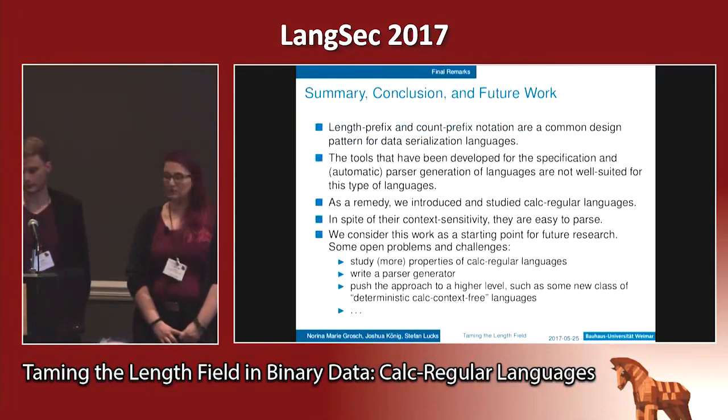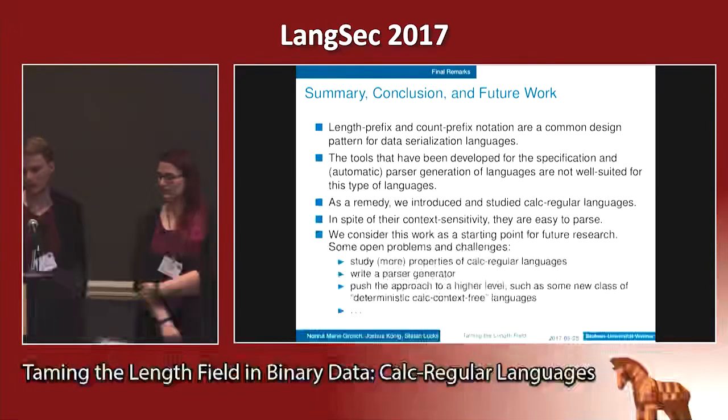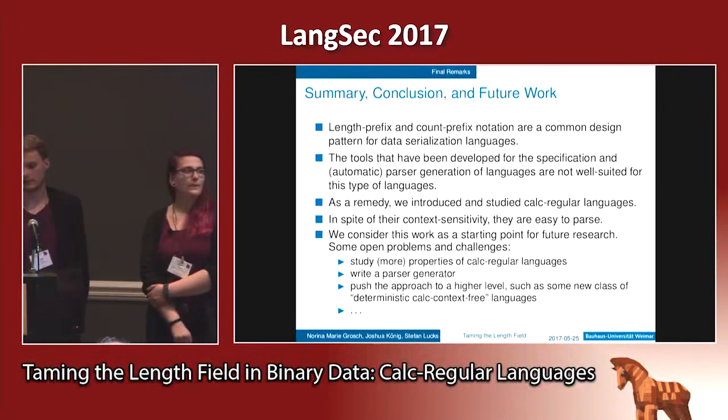So length prefix languages are commonly used in data serialization, but we are not really equipped with the tools to properly specify them and parse them efficiently. And therefore we introduced Calc regular languages, which, even though they are context sensitive, can be parsed in reasonable time.